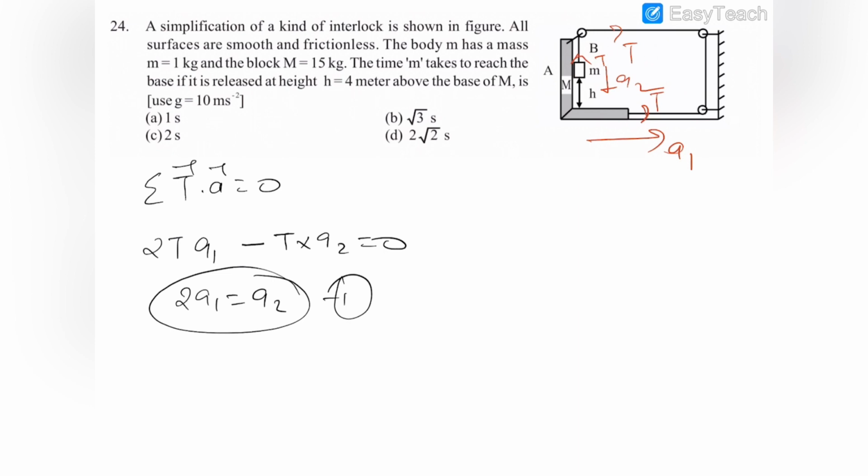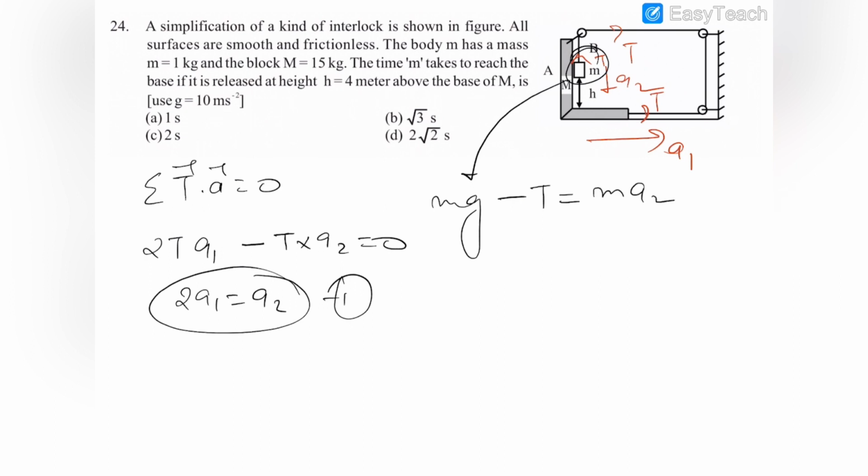Now you can write down the equations of motion and forces. On this block, mg is acting in the downward direction, there is no friction, and tension is acting in the upward direction, and therefore mg minus T will be equal to ma2.